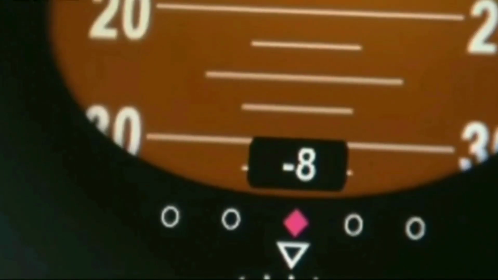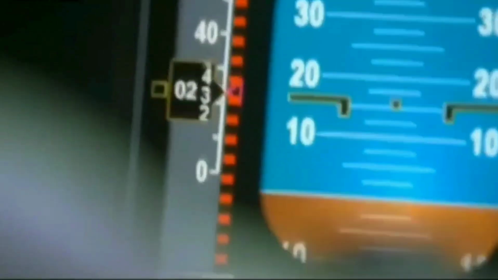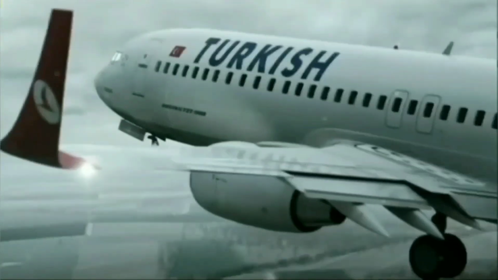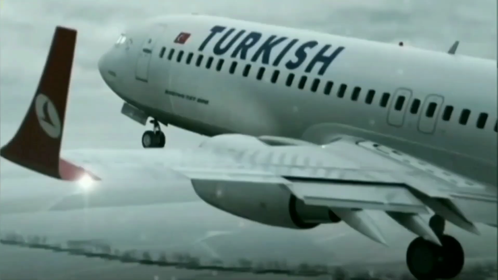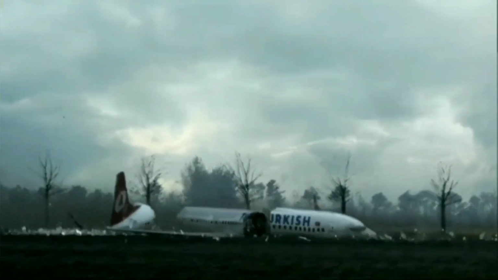After a few seconds, the stick shaker went on, indicating the aircraft was flying at very low speed and was about to stall. But the aircraft didn't have enough altitude to recover from this situation, due to which it fell on the ground, killing 9 people and leaving 120 injured.